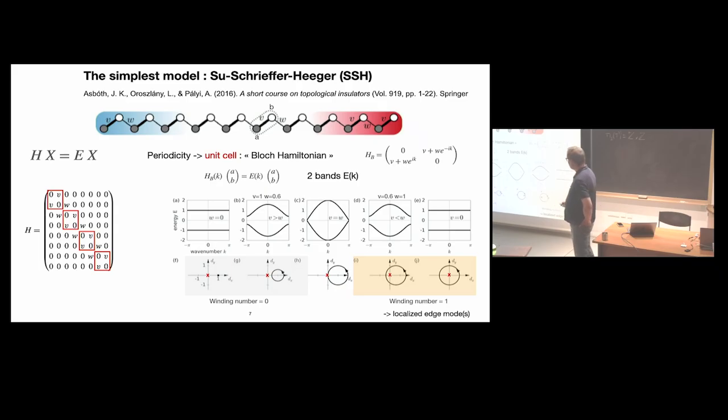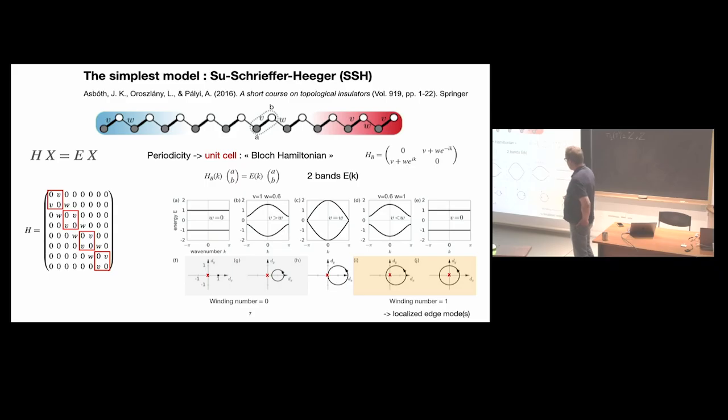So here, I show the two bands when I'm varying the two coupling coefficients V and W. On this side, on the left, V is more than W. In the middle, we have V equal W, which is really the trivial chain, just a monoatomic 1D chain.